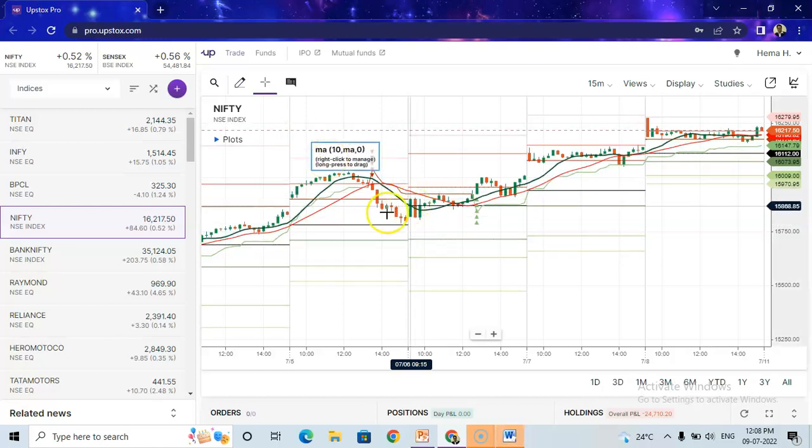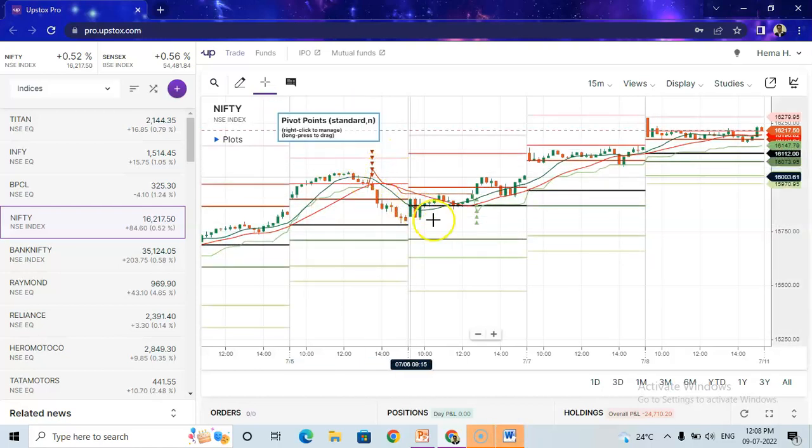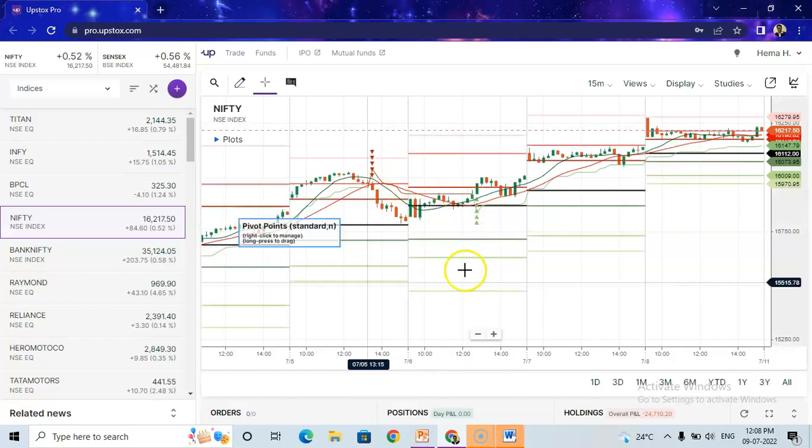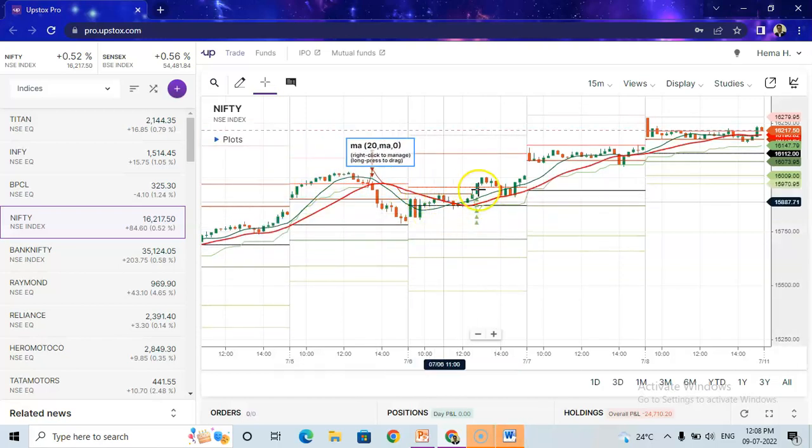So here this will be your stop loss, and this is the same for one day, and the next day is this. Here you can see, here it was in the no trade zone.